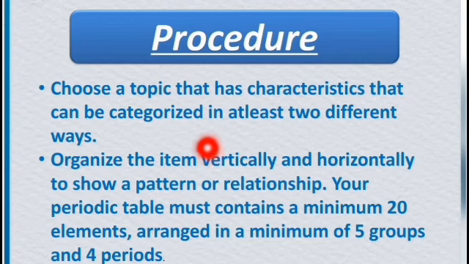Students, be creative. Second, organize the items vertically and horizontally to show a pattern or relationship. Your periodic table must contain a minimum of 20 elements arranged in a minimum of 5 groups and 4 periods.